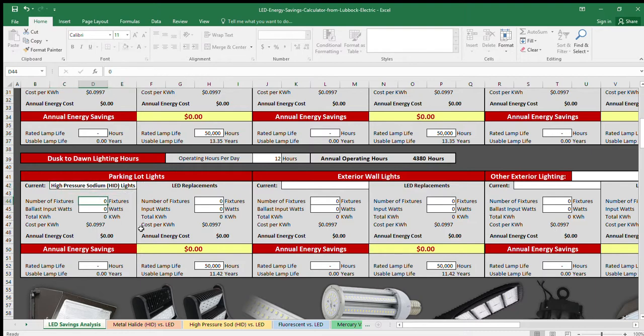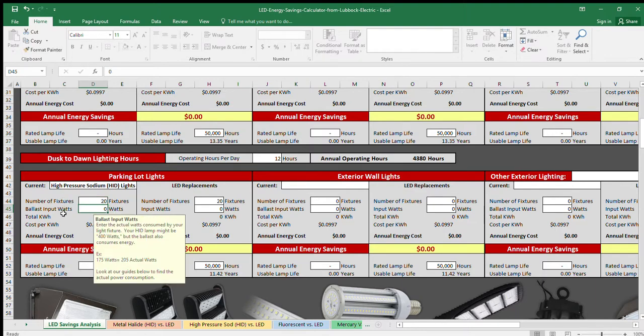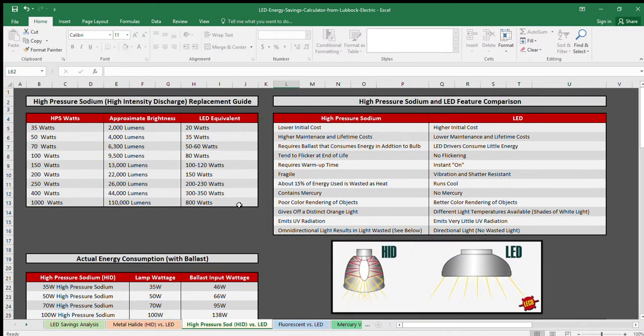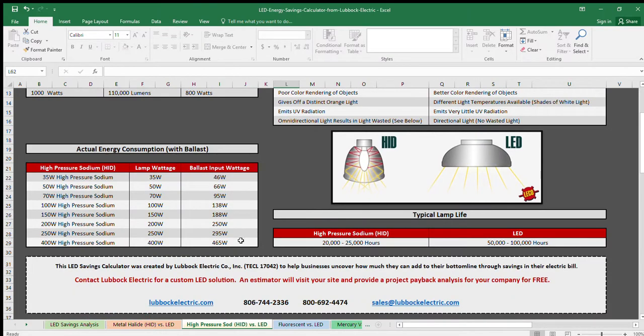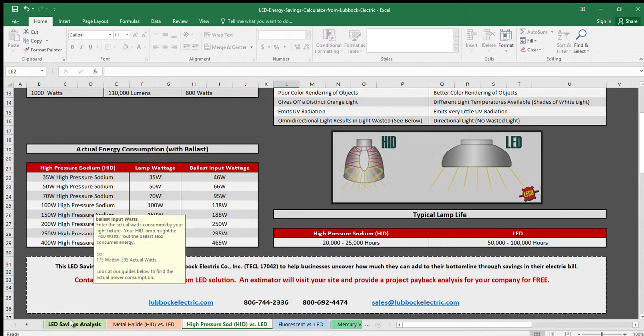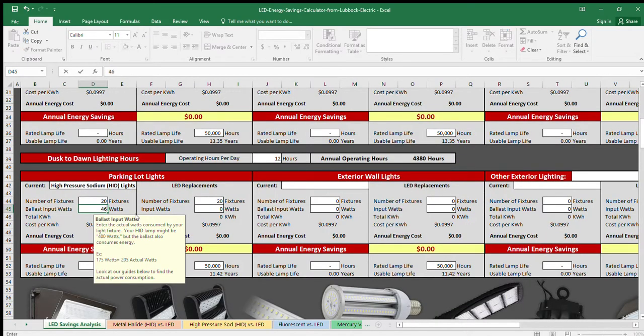We want to replace, how about 20 of them? And since high pressure sodium lights also require a ballast, we need to go to the guide to account for that. We'll see that for 400 watt high pressure sodium, we need to enter 465 watts.